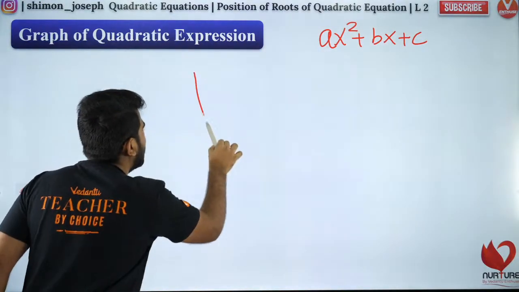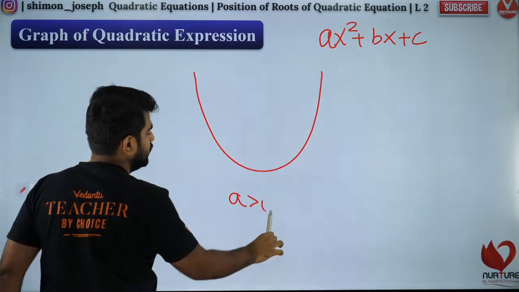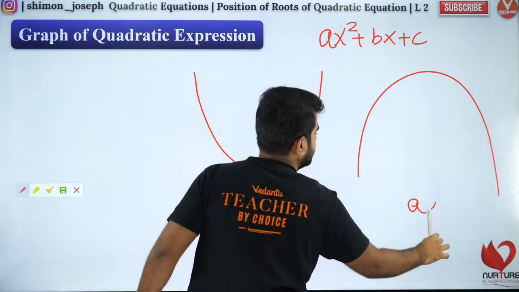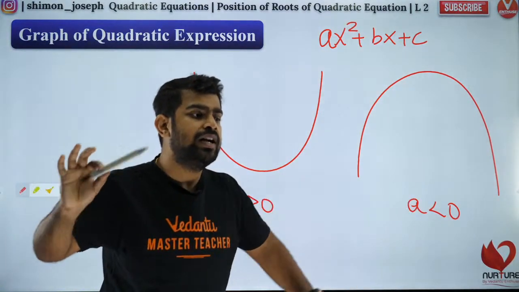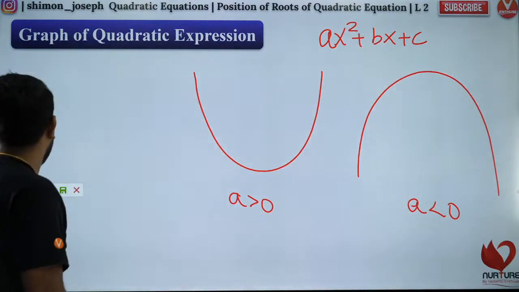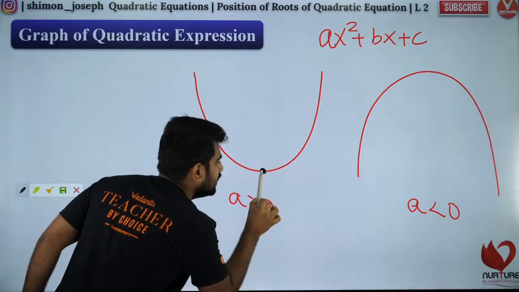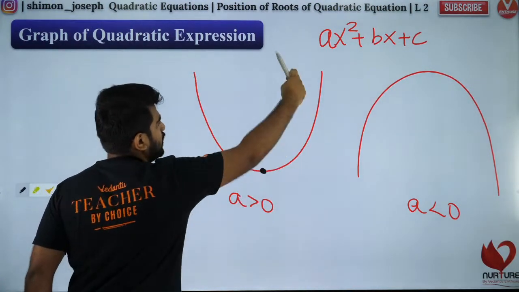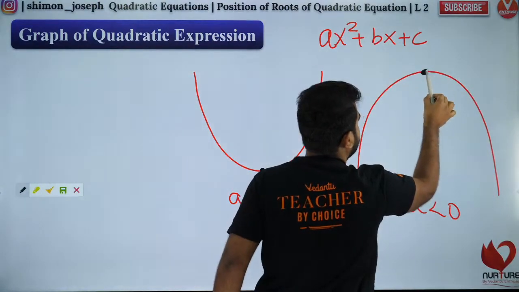I told you a parabola can be upward opening like this when A is positive, or it can be downward opening when A is negative. These are the only two cases. Now, what is the vertex? Vertex is this point over here. This little guy, which is the bottommost point when A is positive, or the topmost point when A is negative.